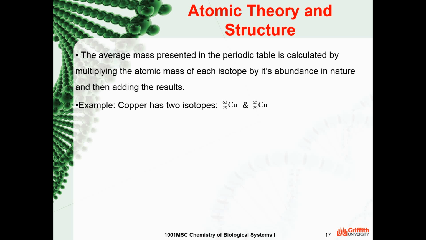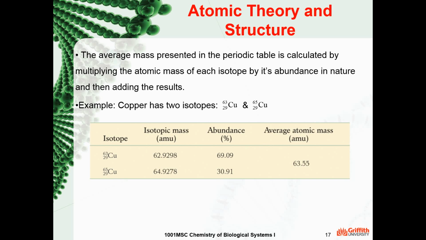The 62.9 isotope has an abundance of 69.09% in nature, while the 64.9 isotope has an abundance of 30.91%. So to report a representative copper in the periodic table, we calculate the average of the two isotopes, taking into consideration their abundance in nature.